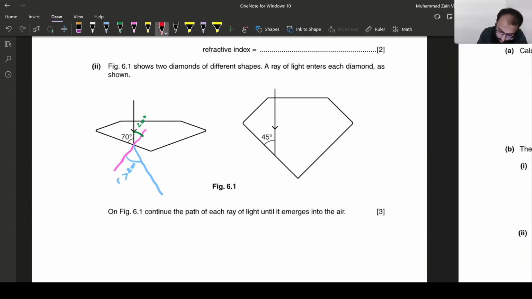And similarly, the next part, I draw again a normal here. So this is my normal. And obviously I know that this whole angle is supposed to be 90. And if the first part is 45, the remaining part should also be 45. So this angle would be equal to 45 degrees. And if it's 45, I now obviously know that it's greater than the critical angle, meaning that the light would internally reflect. Internal reflection meaning that it would reflect at an angle of 45 degrees.